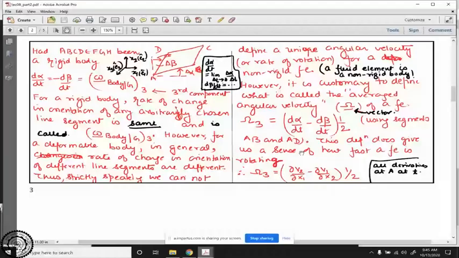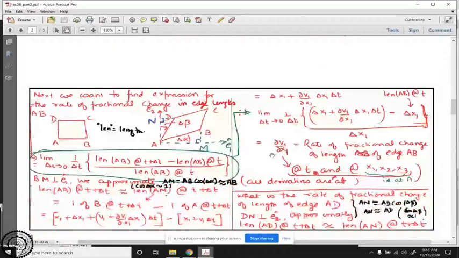And using the expressions that we derived earlier for d alpha dt and d beta dt, it can be written in this manner. So I will call this the rate of rotation of a fluid element. Strictly speaking, I should say average rate of rotation, but many times we do not use the word average. We just say rate of rotation, but the significance of average is implicit.